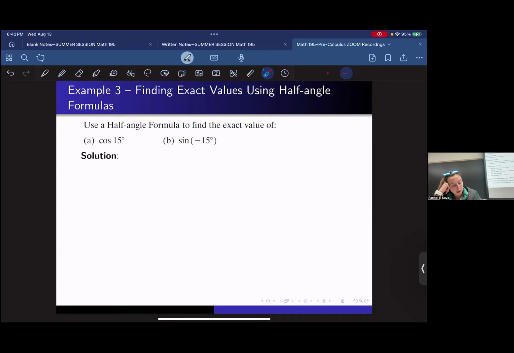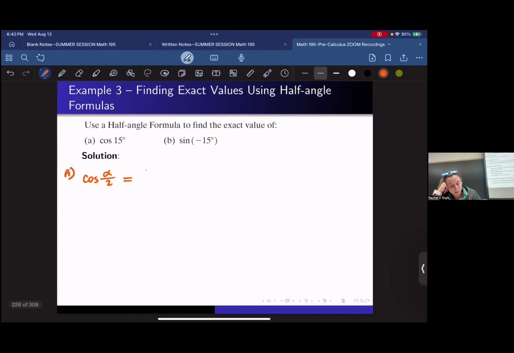So that part A, we're dealing with cosine. And so I'll just write out the general formula. Cosine of our alpha over 2 is equal to plus or minus square root of 1 plus our cosine alpha all over 2. Okay.